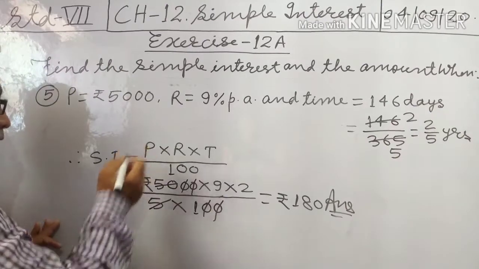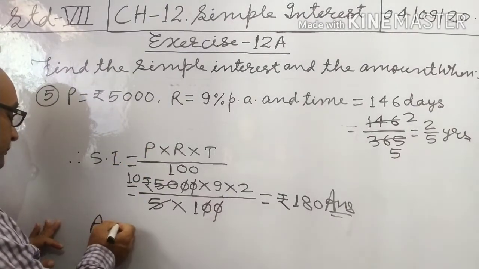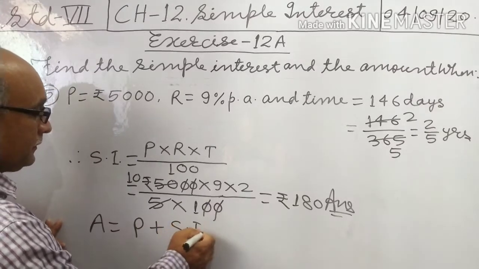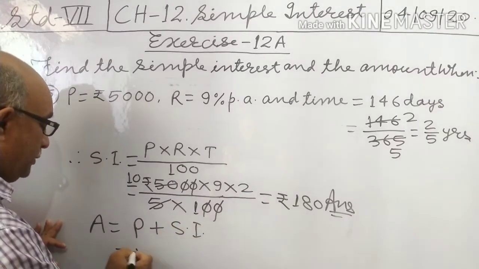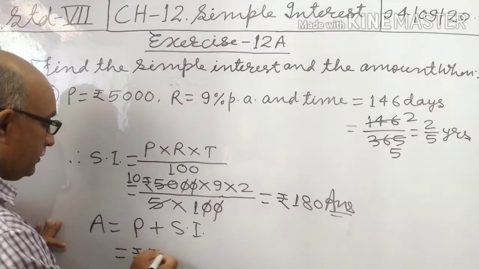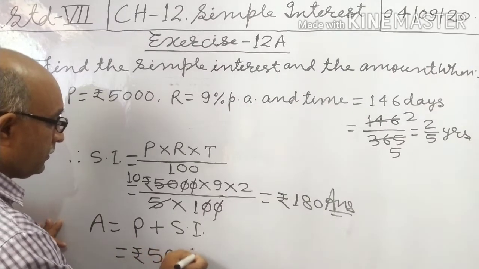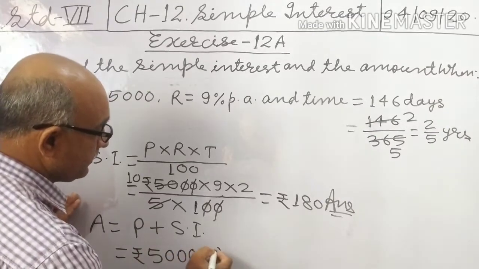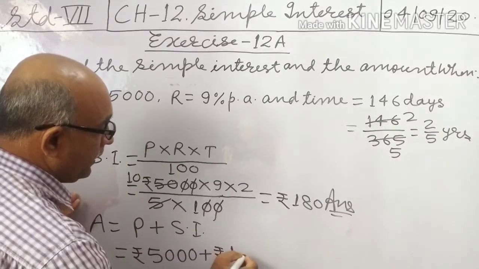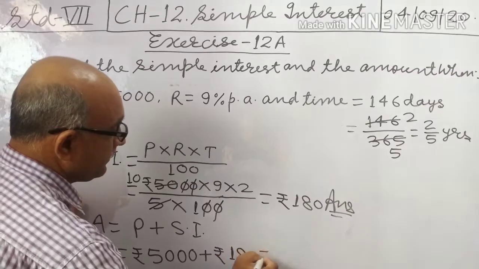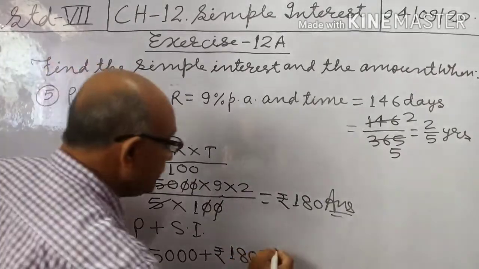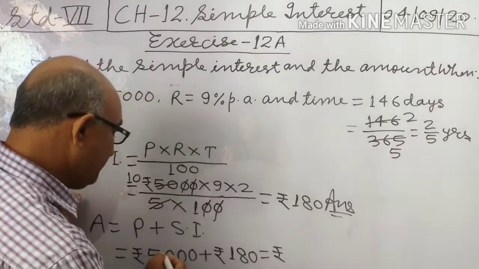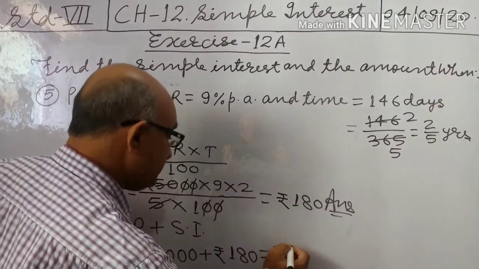Now find amount. A equal to P plus SI equal to P equal to rupees 5000 plus rupees 180 equal to rupees 5180.